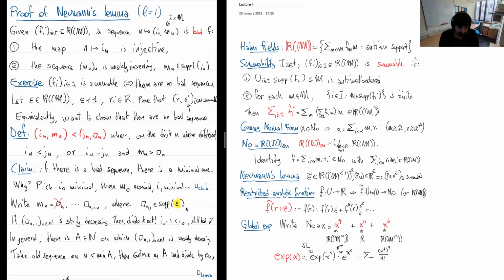And let's see if I can write something legible. The thing you're going to get in the end is something like i0, m0, and there's going to be some k, where k is the minimum of A. So I go all the way up to i k minus 1, m k minus 1. And then here, I start the subsequence. I'm going to have i k minus 1, m k divided by o k 1.